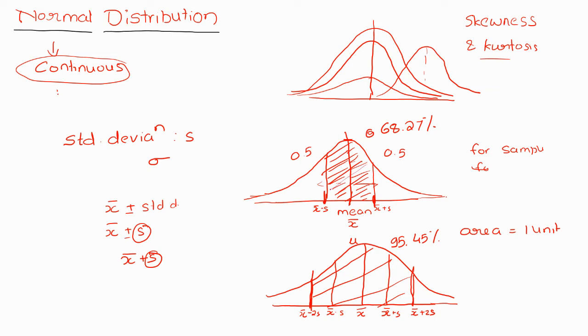The first part is x bar plus or minus 1s, the second one is x bar plus or minus 2s, and the third one is x bar plus or minus 3s. Most of the probability distribution lies within x bar plus or minus 3s, where s is the standard deviation.